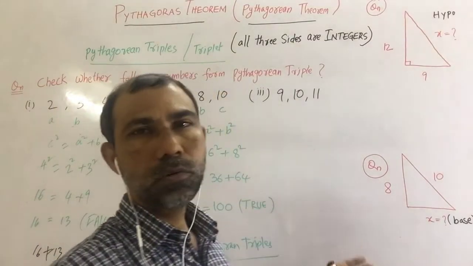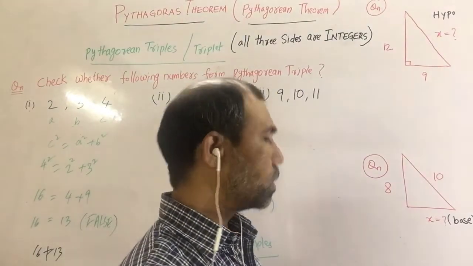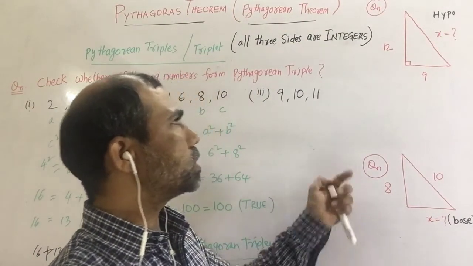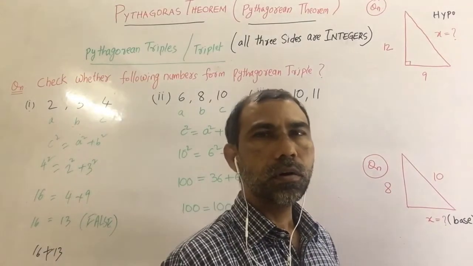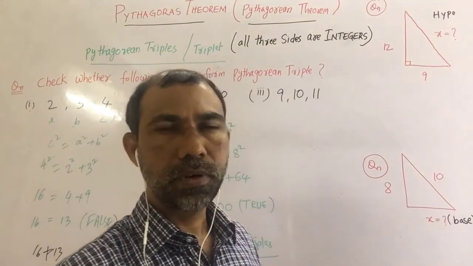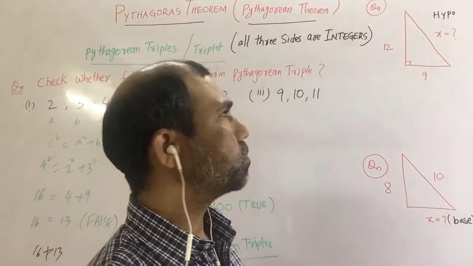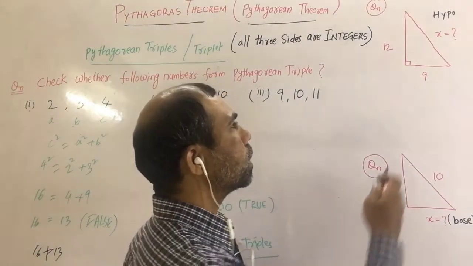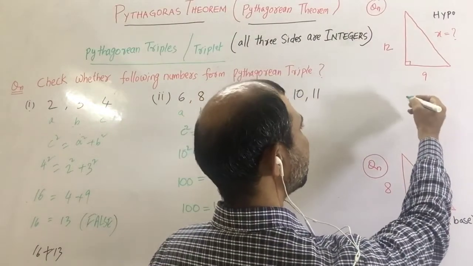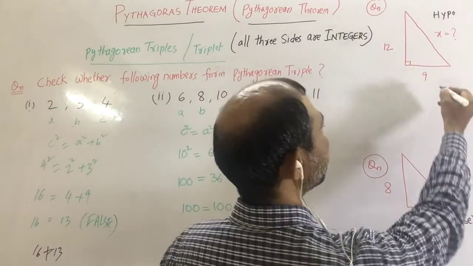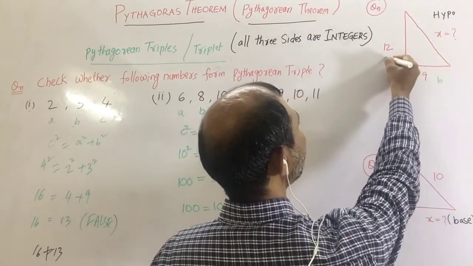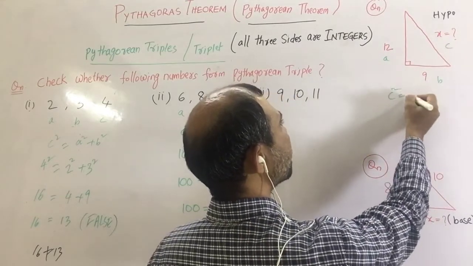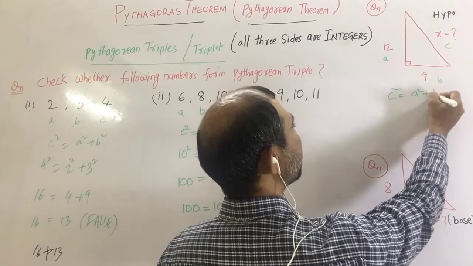Let us move on to one more question, where the base and the vertical sides are given and we are asked to find the hypotenuse. Here you can apply the same thing. Say this is b, this is a, and this is c. c squared is equal to a squared plus b squared.